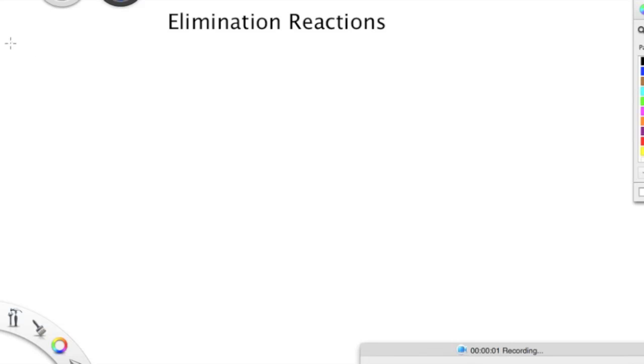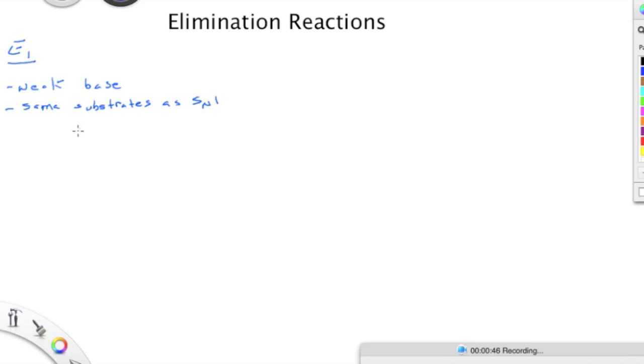E1 reactions now. Whereas with SN2 reactions or E2 reactions we wanted strong bases, in this case we're going to want something that is a weak base. And the other hallmark that you can look out for is that we want a substrate similar to SN1 substrates, the same substrates as SN1.